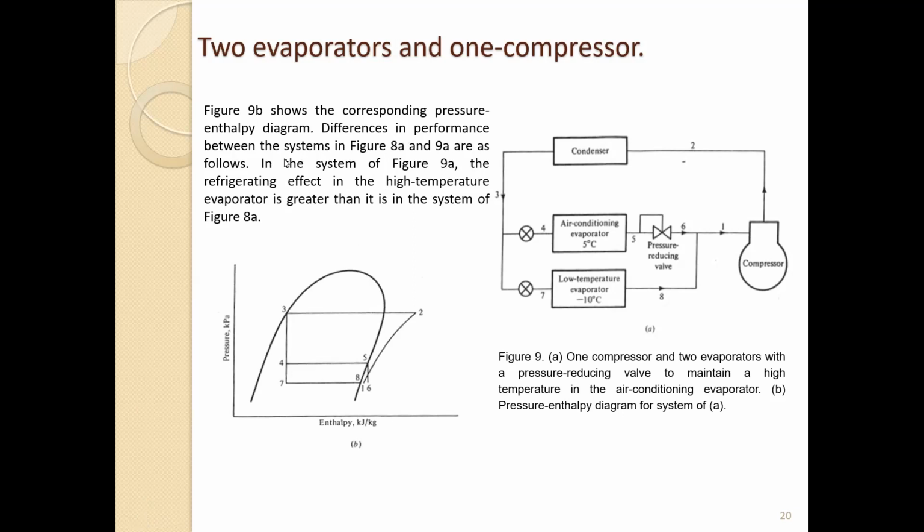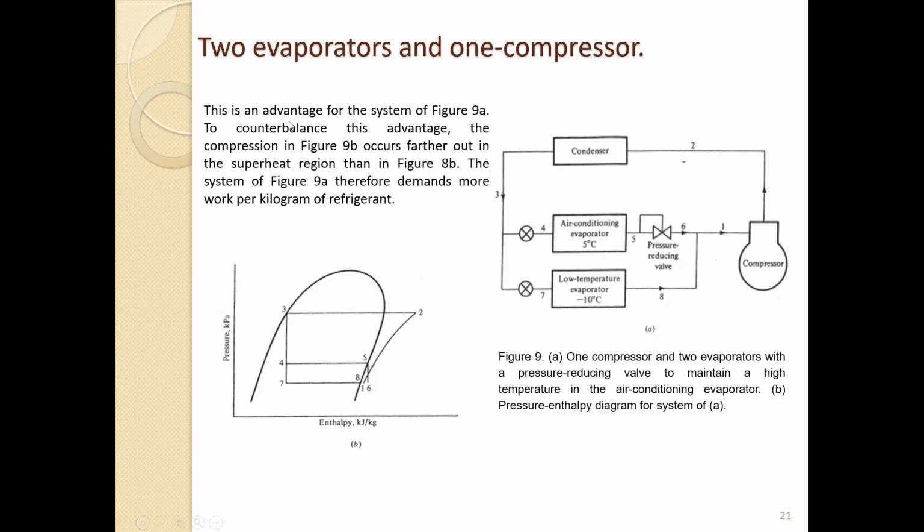Differences in performance between the systems 8A and 9A are as follows. In the system of figure 9A, the refrigerating effect in the high temperature evaporator is greater than it is in the system of figure 8A. So, this is an advantage for the system of figure 9A.